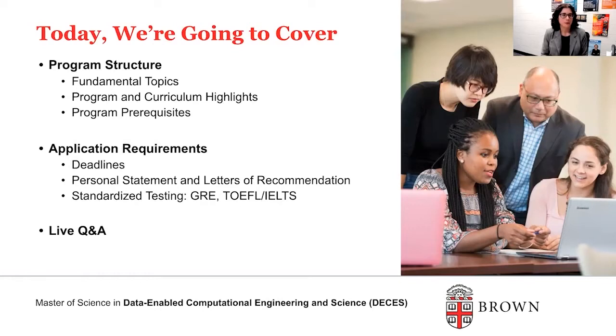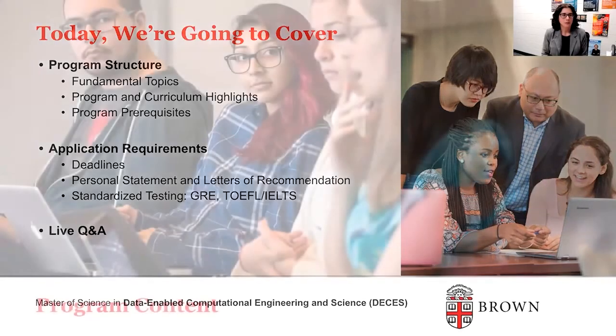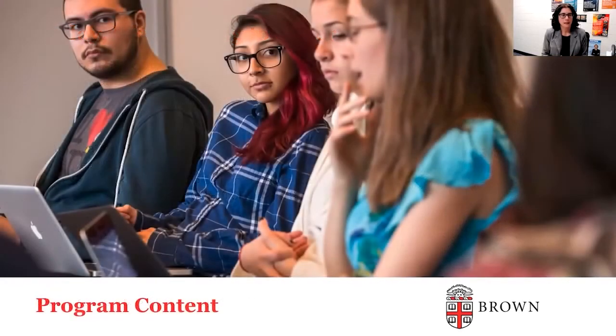And then we're going to go over in detail the application requirements, including, of course, the deadlines, what's required to apply, including your personal statement, your letters of recommendation, and then the tests that we require for this application and how you get those tests sent to us here at Brown University. So we're going to go through all of those topics, and then we're going to save time at the end for a Q&A. So I think we're ready to kick things off. So next slide. I'm going to hand things over to Professor Yuri Bazilevs, and he's going to go over in detail some of the program content.